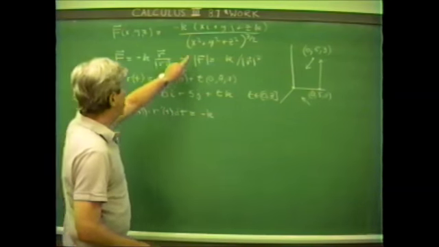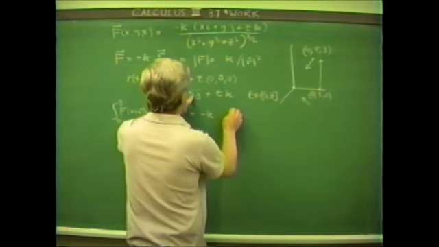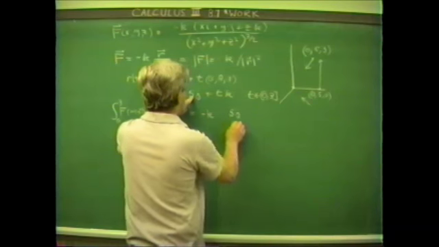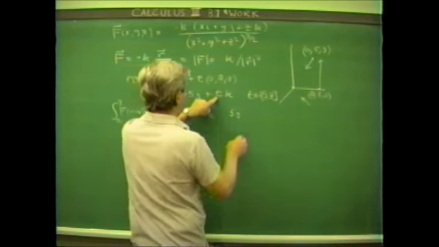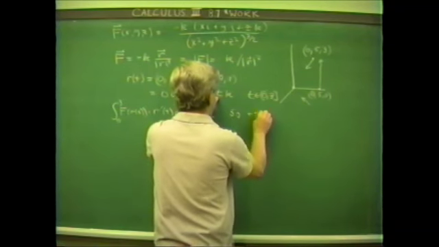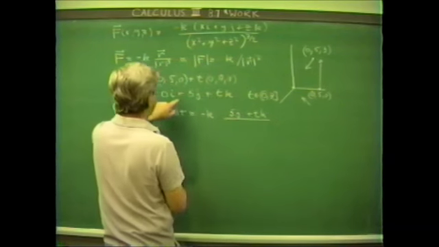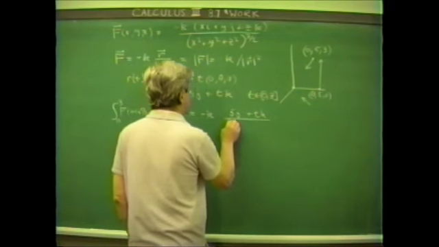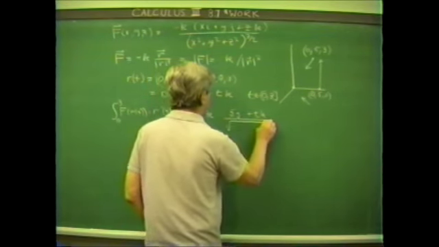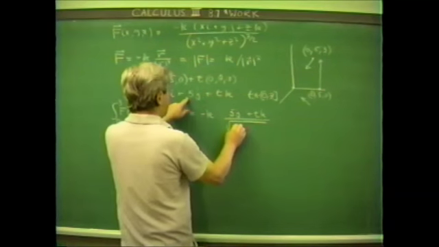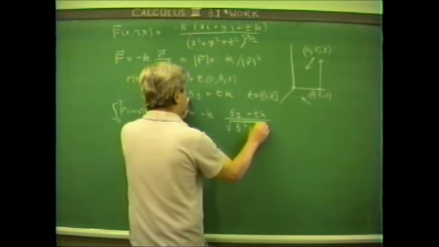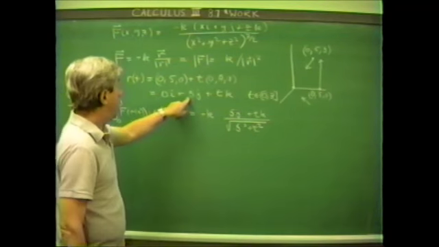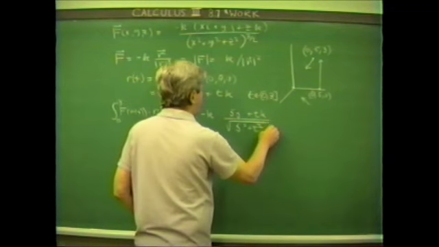So for x we put 0 in, for y we put 5, so this is going to be 5j, for z we put t, so 5j plus tk, divided by the square root of x squared plus y squared plus z squared, cubed. So this is going to be 5 squared plus t squared. We want to take the square root of that and we want to cube it.